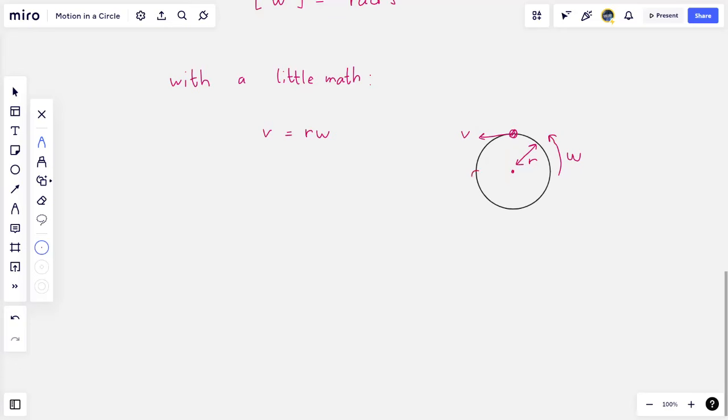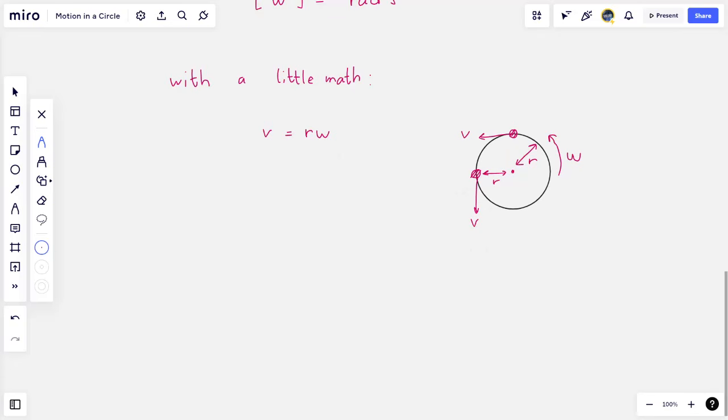If I walk a little bit more, I'm still walking in a circle, but at that specific point, I have a velocity that is again tangent to the circle. So at any point in the circle, my velocity is always pointing tangent to the circle. You notice that it's also pointing perpendicular to the radius if I were to draw the radius at that point, which is a very important point that we'll see the importance of later on.